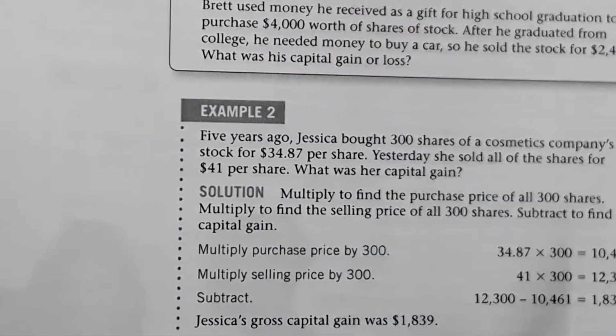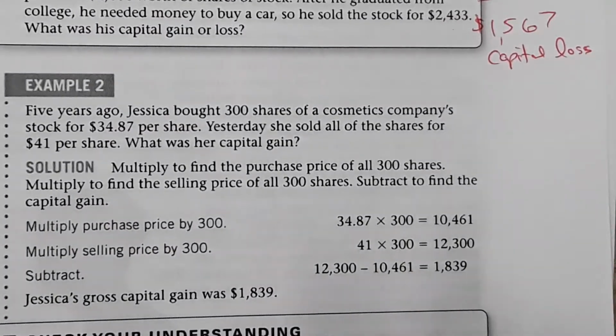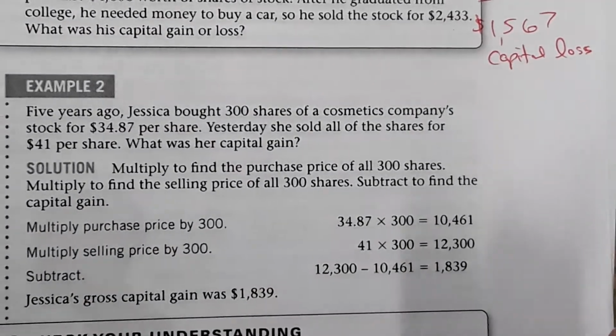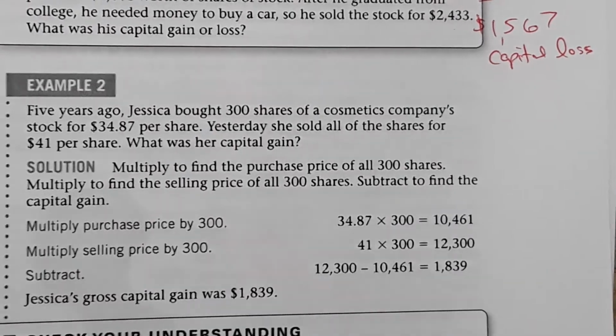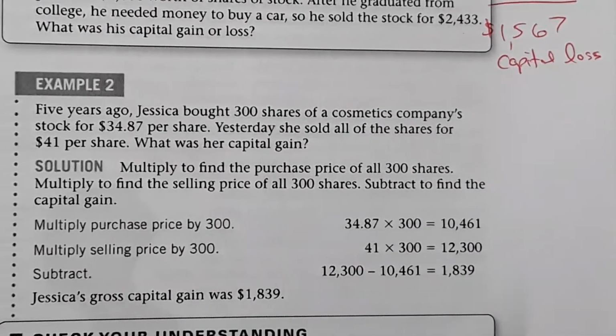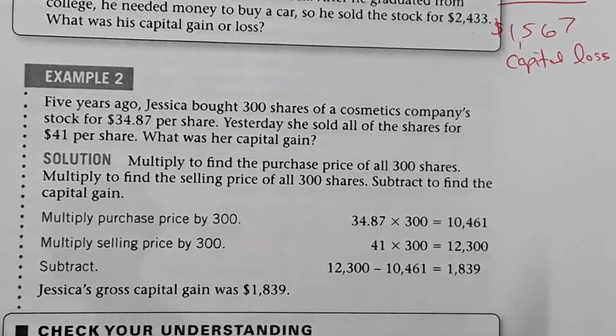All right, let's talk about this one. So 5 years ago, Jessica bought 300 shares of a cosmetics company stock for $34.87 per share. Yesterday, she sold all of the shares for $41 per share. What was her capital gain? So this is the same type of question we were just looking at, but it doesn't tell us exactly how much she paid for it or how much she sold it for, the gross amount.